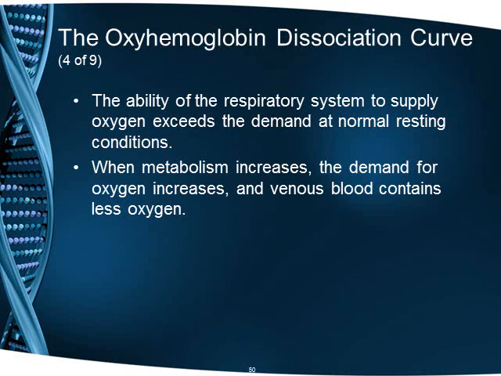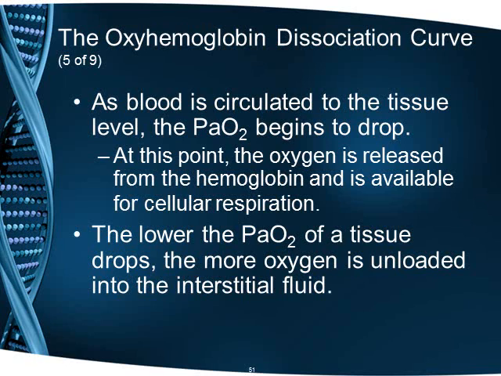Okay, all of us sitting right now are going to have fairly high levels of oxygen in our veins because we're not utilizing all of it. We don't need it all. However, if we go out there and start running around, we're going to start consuming that, so we're going to have less in our venous system at that point in time because we're utilizing that. And this is building into what the oxygen curve is going to tell us.